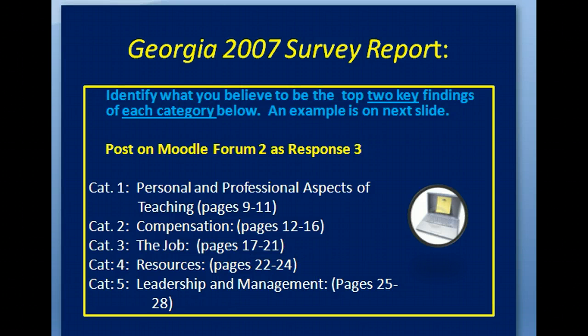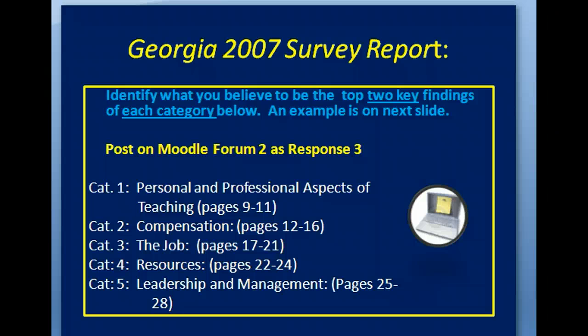Now in this slide there's an activity that's described, and what I would like you to do is to look at each of the 5 categories that I've listed on the slide, and from each category identify 2 key findings related to the category that you think are important.